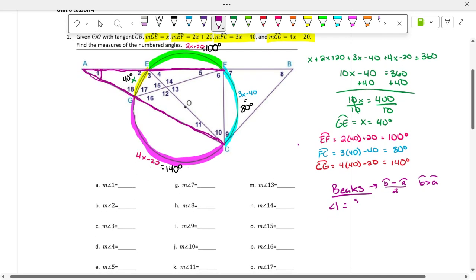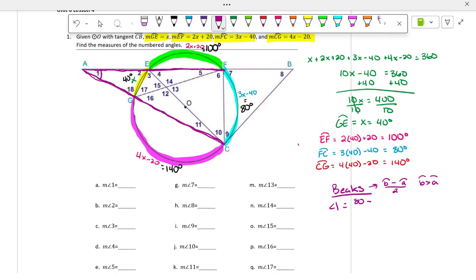So that's equal to 80 minus, what's the bottom of the ice cream of that cone? It's 40. Good. It's the yellow. And then we divide it by 2. So 80 minus 40 is 40 over 2. So angle 1 is equal to what? 20 degrees. So I'm going to write it here. I'm also going to write it in the picture because we may need it for later.